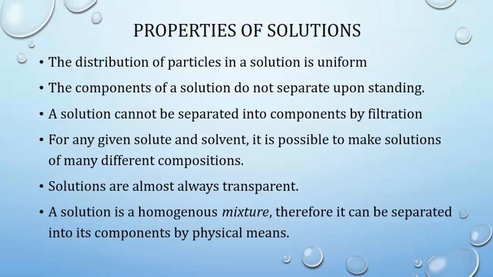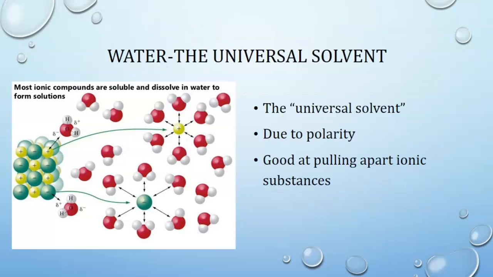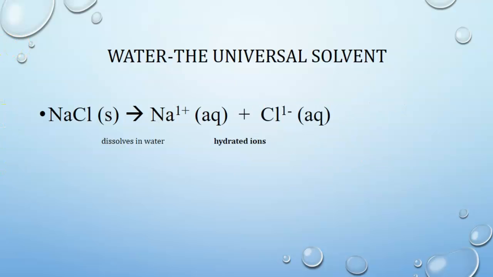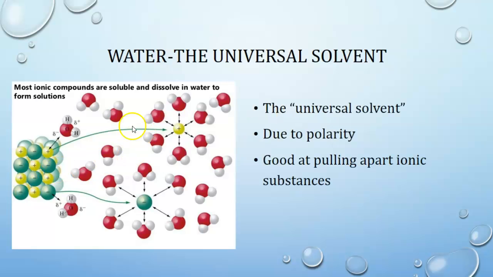Now, like I said just a minute ago, many of the solutions that you will encounter are going to have water as the solvent. And that is because water is a great solvent. Water is sometimes known as the universal solvent, because water is a very polar molecule. So if you look at the water molecule over here, sorry, I didn't mean to advance the slide.